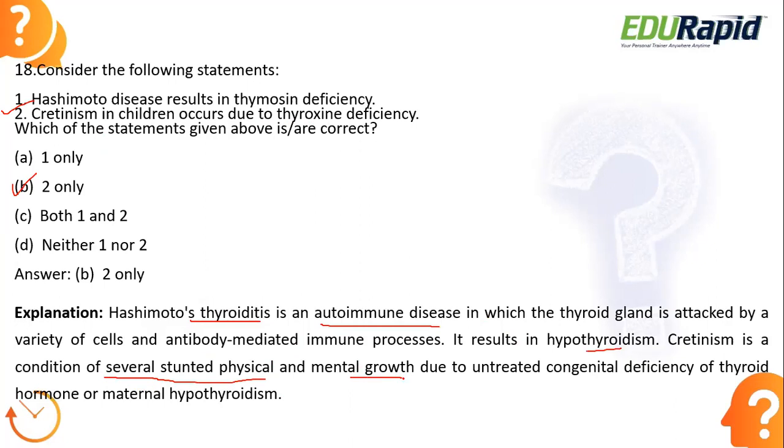It is all because of untreated congenital deficiency of thyroid hormone. If the thyroid hormone is not secreted, an individual cannot grow according to the normal BMR rate. That can also be linked to maternal hypothyroidism, a lack of thyroid hormone secretion.